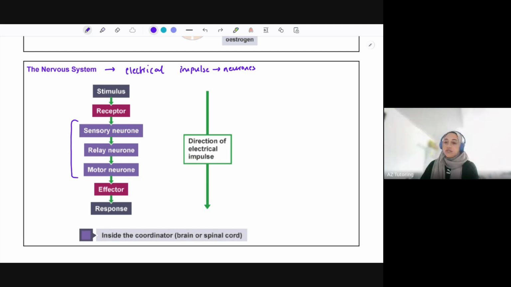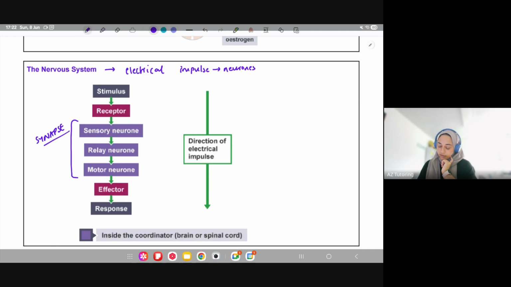You need to know how the neurons actually join together, and they join together by a gap called the synapse. So I'll just show you on, let me just get this set up.